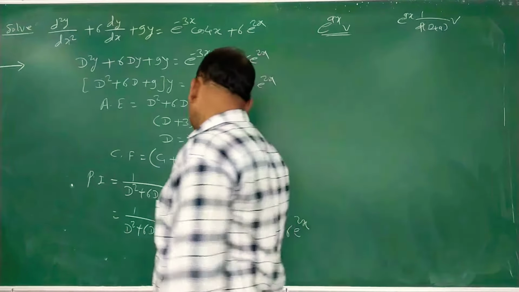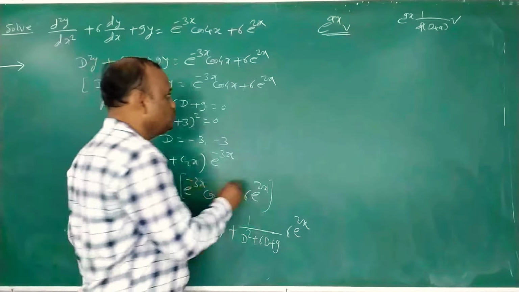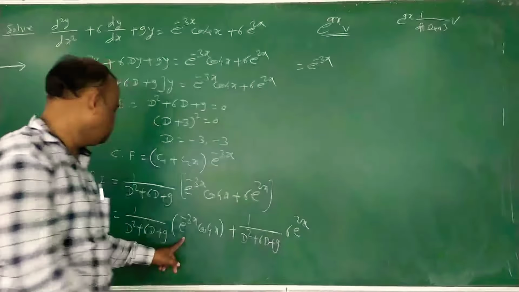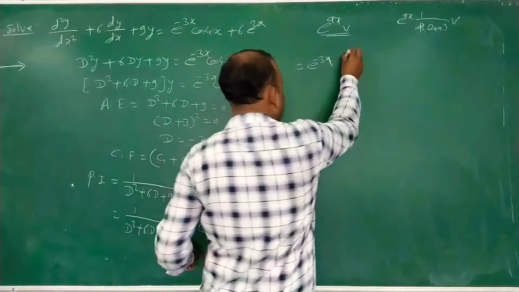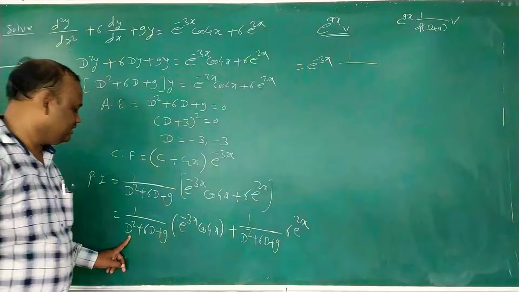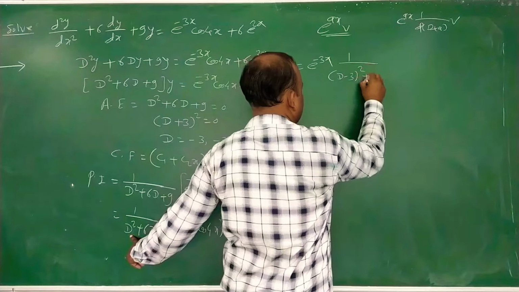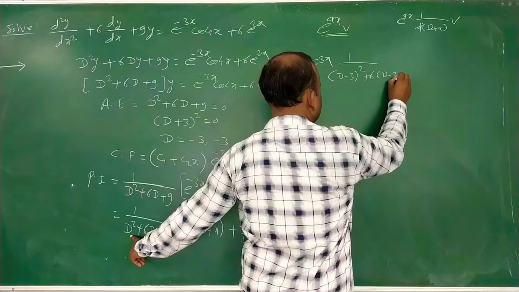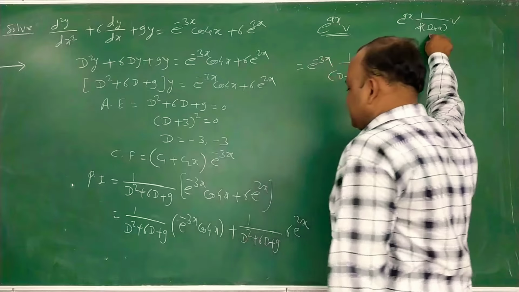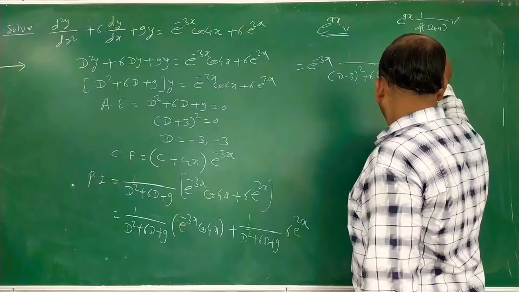Using this, here a is -3. So first we take e^(-3x) outside, into 1/((D - 3)² + 6(D - 3) + 9) cos 4x, meaning we put D + a, where a is -3.